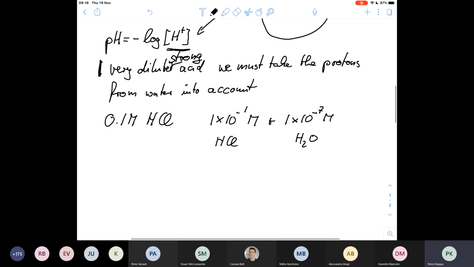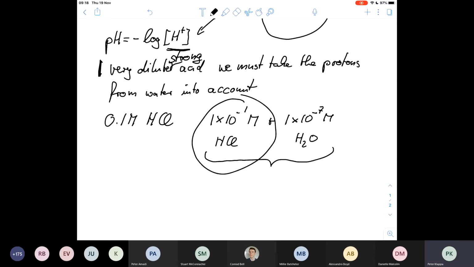These are our protons. Now, if you add them together, the protons from the acid are so much more than the protons from the water that in this case, the water protons, we don't really need to worry about it.